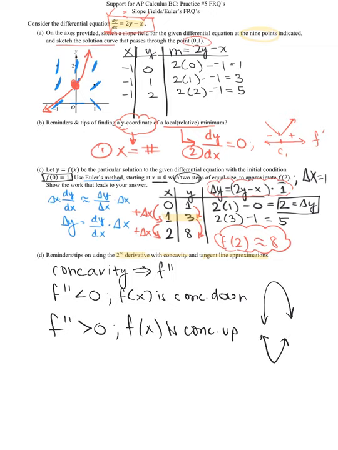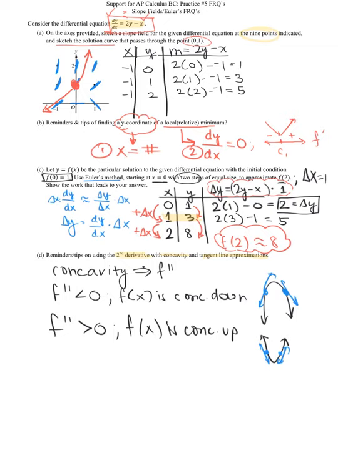If we have a tangent line approximation, meaning some sort of tangent line over here, maybe even over here, doesn't matter where it is, versus on this graph over here, concave up, tangent line here, tangent line here. And Euler's method uses tangent line approximations. That's what we're doing here, right?